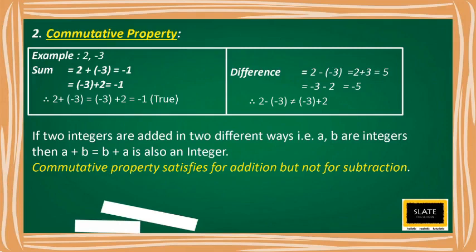Therefore, 2 minus of minus 3 is not equal to minus 3 minus 2. Commutative property satisfies for addition but not for subtraction.